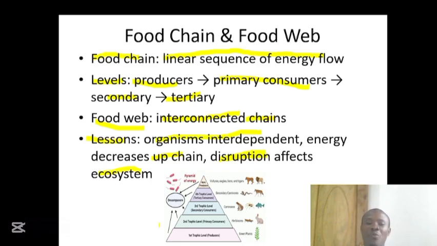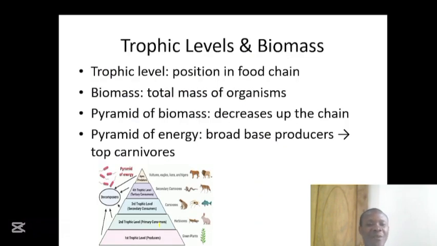And what will happen? On this slide here, we have trophic levels and biomass. The trophic level is the position of an organism in the food chain. We have the first trophic level occupied by the producers, the second trophic level occupied by the primary consumers, and the third trophic level occupied by the secondary consumers.